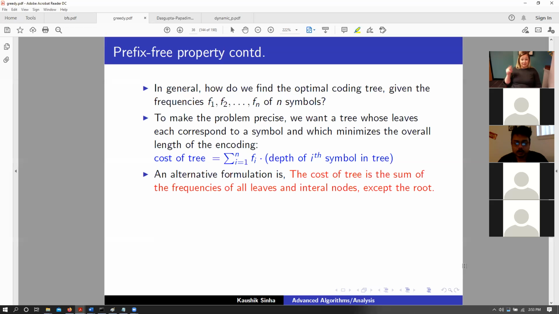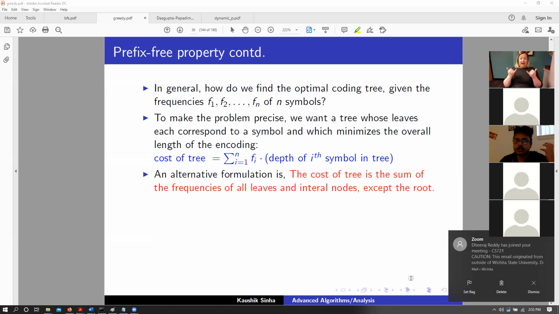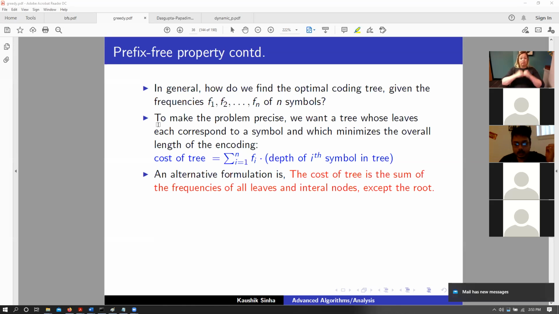Okay. So now let's look at the idea behind how we can actually construct this particular tree. What we need to do is minimize the number of levels in our tree, right? So what we can do is basically pick the nodes that have the minimum frequency and keep on joining them to create a new larger tree over time.